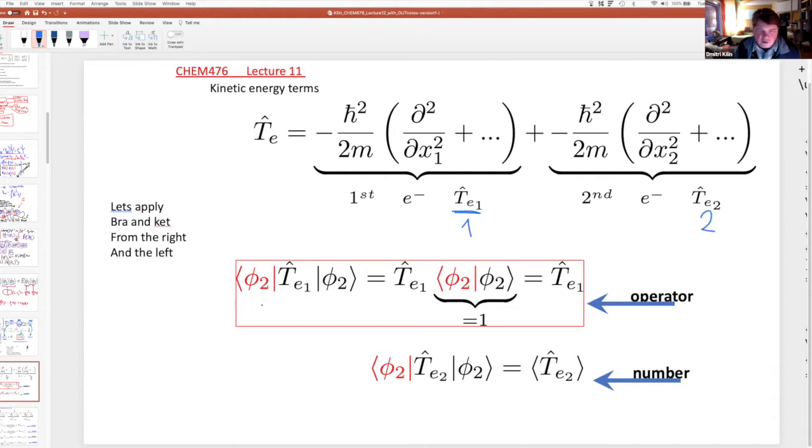If I average over the second electron of the first electron kinetic operator, this cancels and gives 1, and we still have an operator related to electron number 1. If I have number 2 here, number 2 there, number 2 there, then it will not be an operator anymore. It will be the expectation value of the kinetic energy of the second electron. So mathematically, expectation value is a number, and an operator is like a matrix.